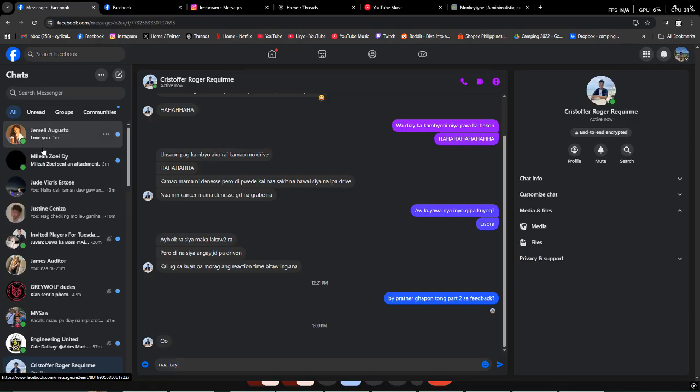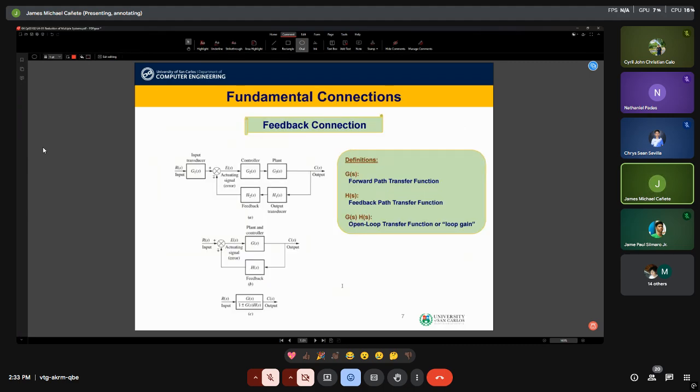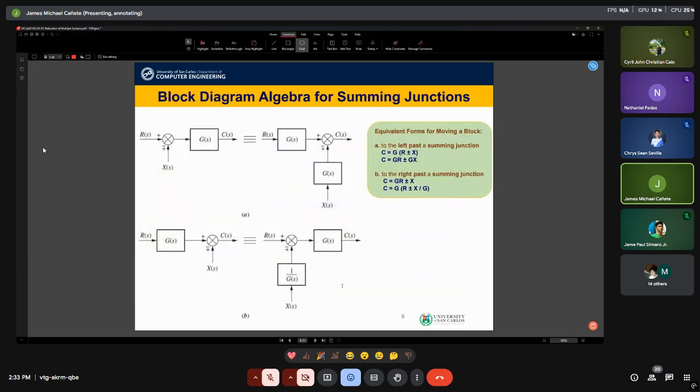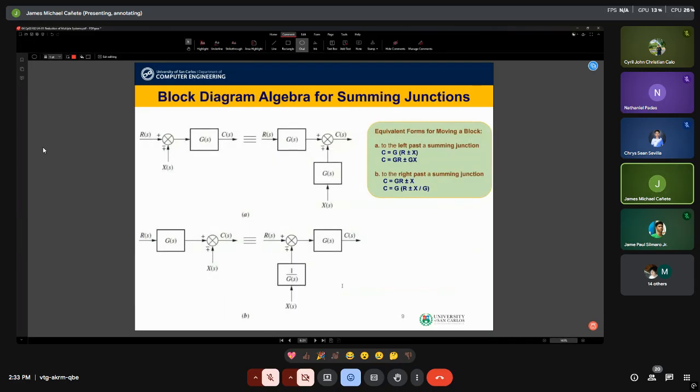From this derivation, we substitute, then distribute G of S, H of S cancels out, and it simplifies to this one. So we have two equations for the feedback connection. And that's the end of the second topic. Any questions so far?